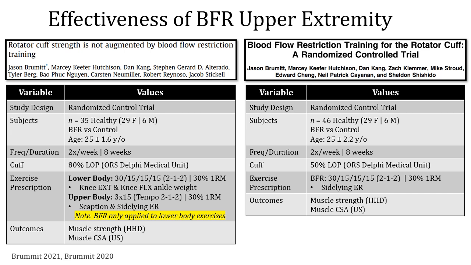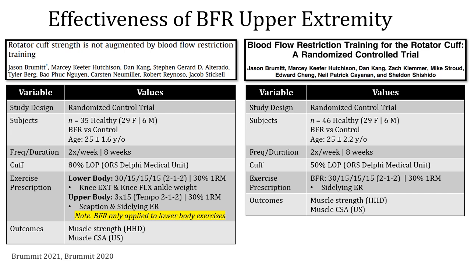In the subsequent study, again, same group, or at least lead author, this time they did do BFR in the upper extremity, but they only did a single exercise of sideline external rotation. Same outcomes as far as handheld dynamometry and cross-sectional area of ultrasound.